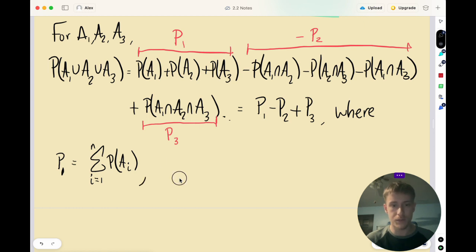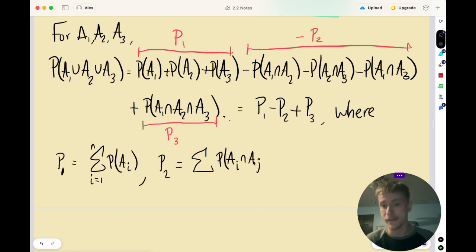Okay. P sub 2 is going to equal all of the different double intersections. So we are now summing, and instead of i, we're going to need 2 indices. The reason is we're going to take the probability of A sub i intersect with maybe A sub j. And in this instance, we're going to sum over all i and j such that i is less than j, and they're all going to be between 1 and n.